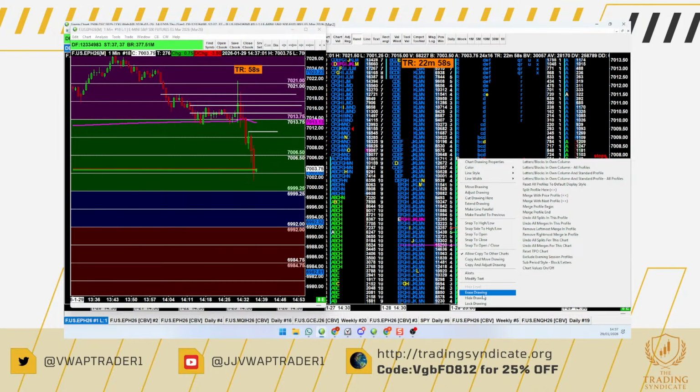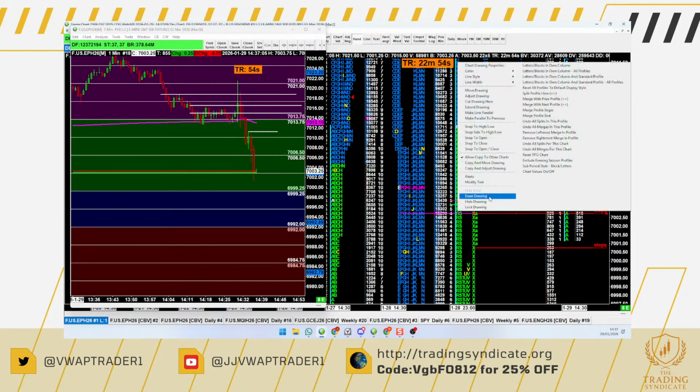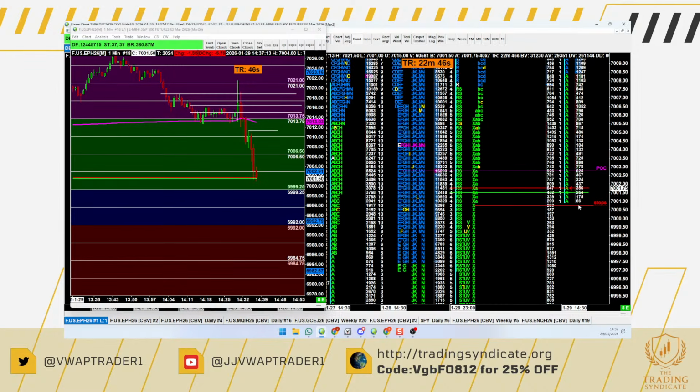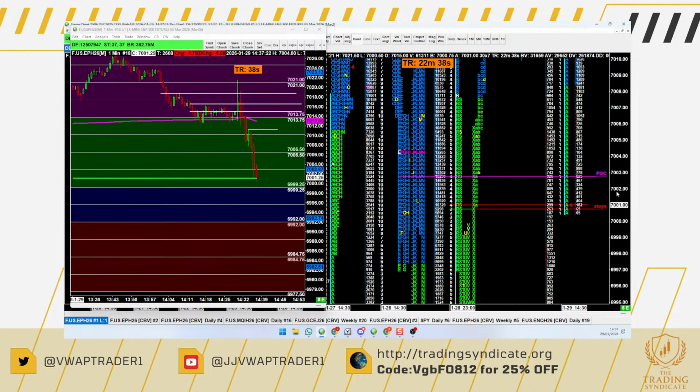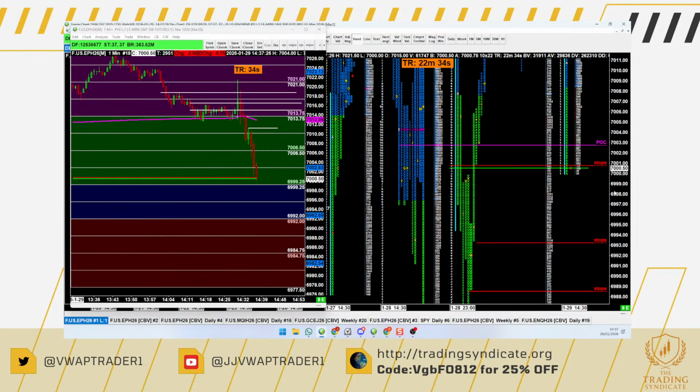Taking out the lower stops. Next area is 7,000 and a half. We are right at the cost basis of yesterday. So this is why I was short biased.